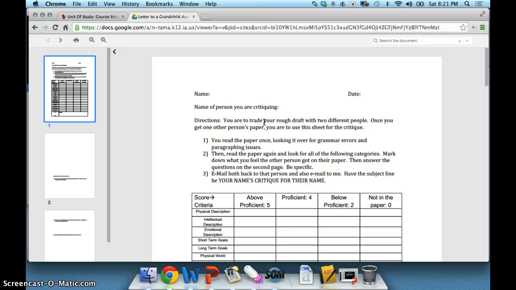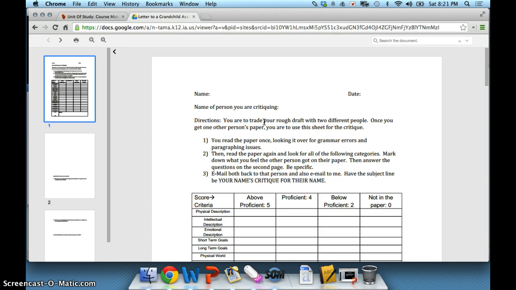These letters are only going to be two pages, so it's going to be pretty easy to read it more than once. You should do that because if you're editing someone else's paper, you don't want to look at too many things at once. You want your focus to be on one or two things instead of a whole bunch of things.